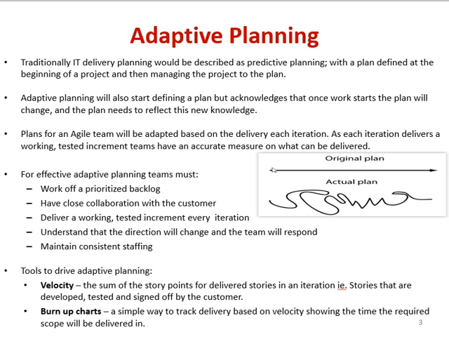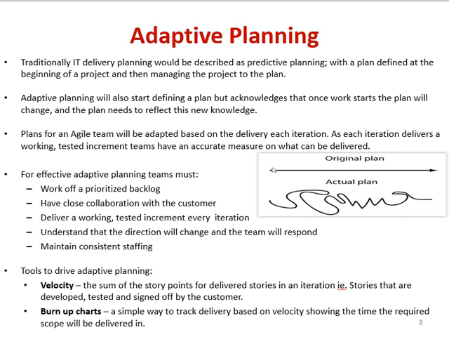We don't modify our plan. That is a predictive approach, which is not well suited to this globally changing market. So we have to adapt to the change. Adaptive planning will also start by defining a plan, but acknowledges that once work starts, the plan will change, and the plan needs to reflect this new knowledge and learnings.